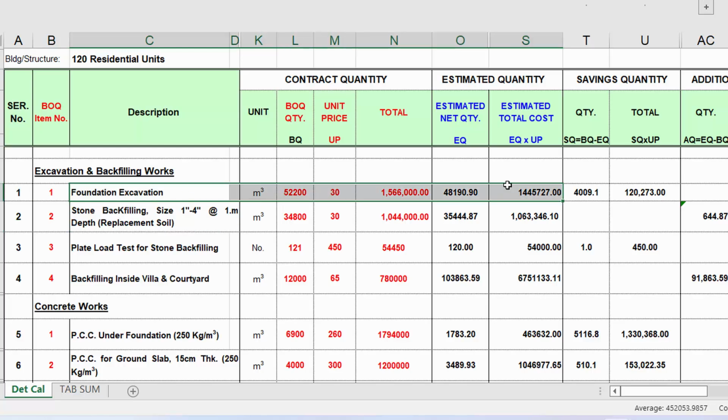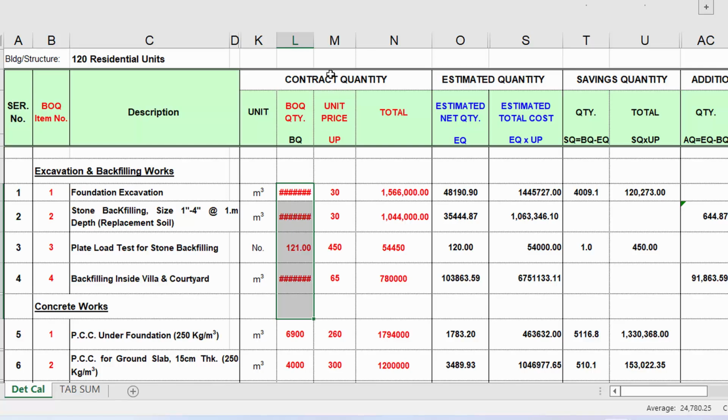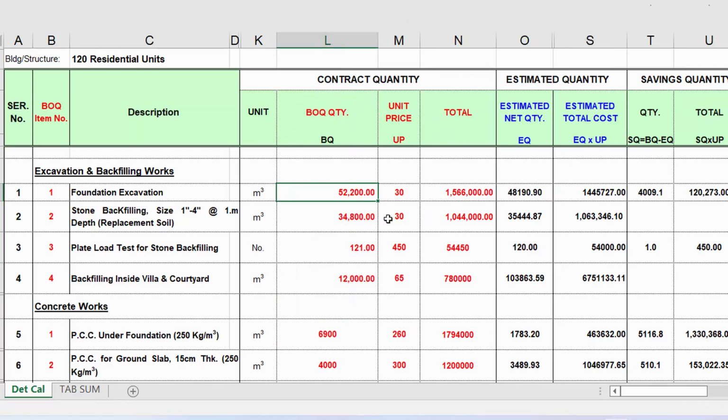Foundation excavation is measured at 52,200 cubic meters, and this is called the approximate quantity. But when it is executed on the site, it is found that the remeasured quantity is less than what was previously calculated. The actual quantity is 48,190.